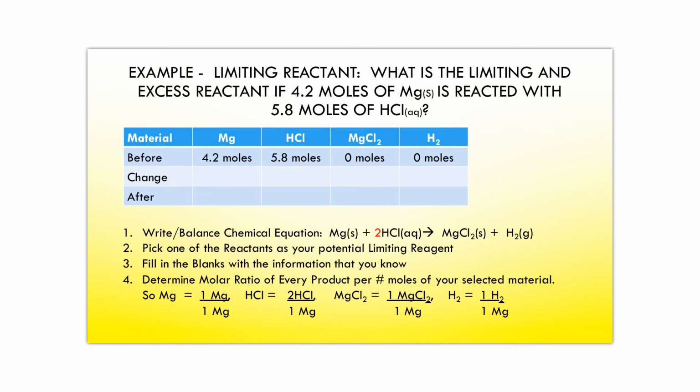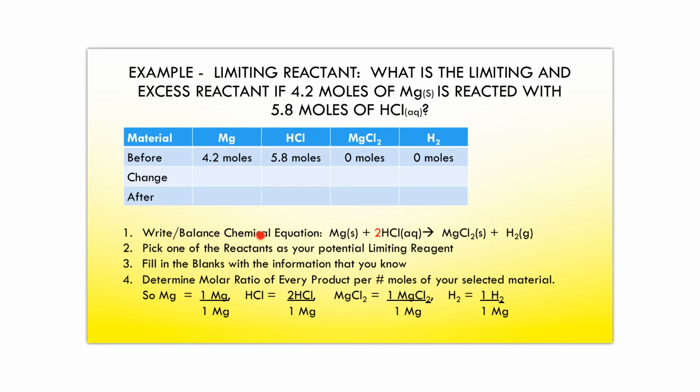Alright, so let's see how we use the BCA tables to help us solve limiting and excess reactant problems. First step is we have to look at and make sure that we have a balanced chemical reaction. So do we? So let's see here. What is the limiting and excess reactant if 4.2 moles of magnesium is reacted with 5.8 moles of HCl? Well, we don't have a complete chemical equation, so I'm going to write one.